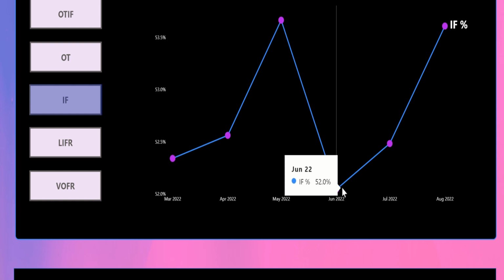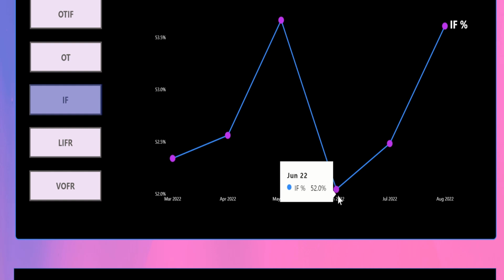So we need to dig there and understand what had happened in June 22, to just give more details about it, so that if it is happening every year, we can try to mitigate it for the upcoming year. We can think about a solution for it.